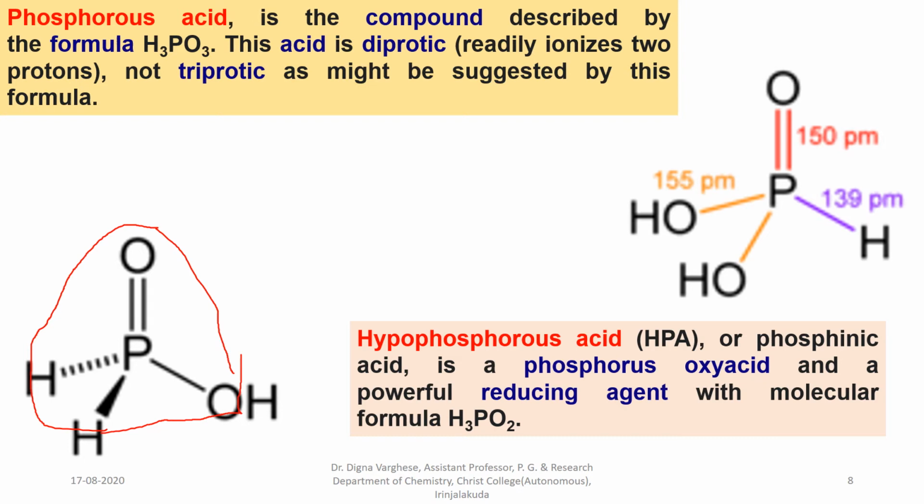So it gives hypophosphites, that with potassium give KH2PO2. So hypophosphorous acid or phosphinic acid is a monobasic acid with a basicity of 1.